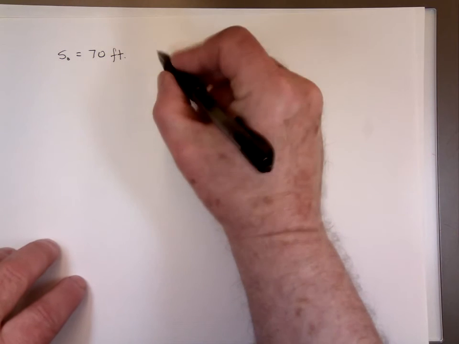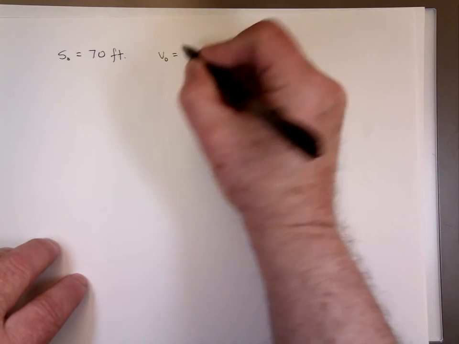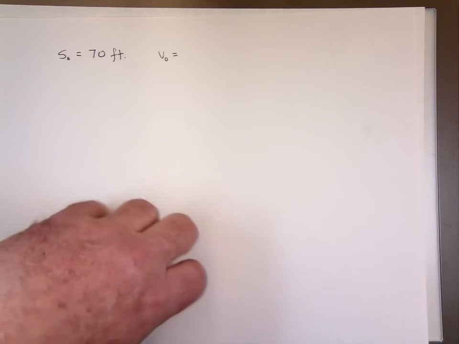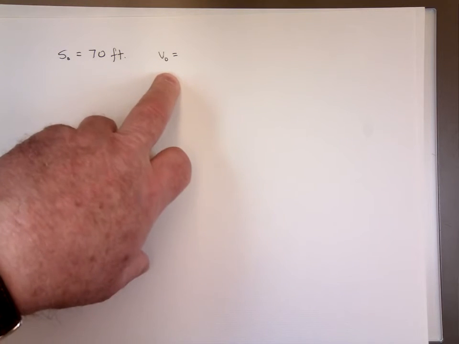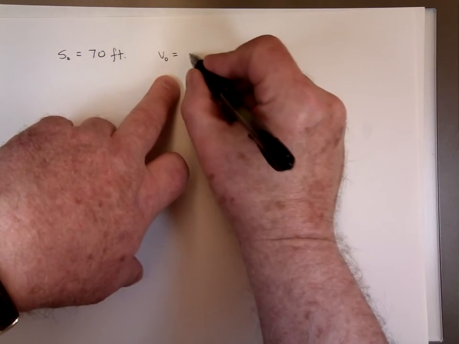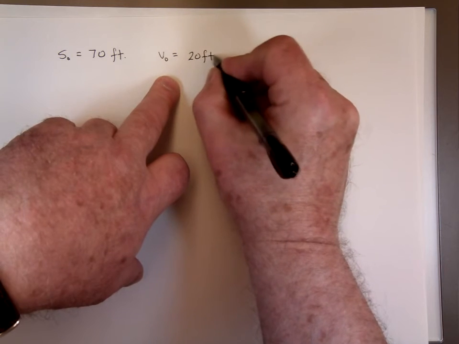And we'll give it an initial velocity. How fast can you toss a pretzel up in the air? I have no idea. Let's go with 15, 20 miles an hour. Well, in feet per second, let's go with 20 feet per second. Toss it up in the air, 20 feet per second.